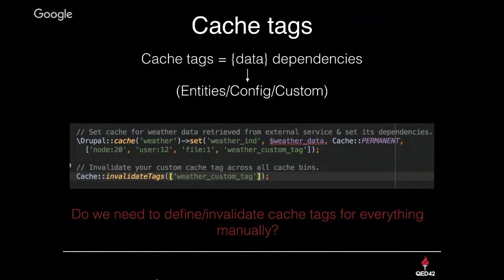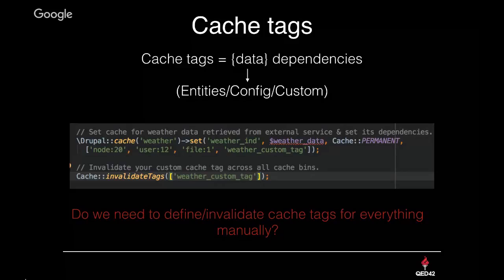Okay. The last array argument is something that's of most interest to us. So for example, if you take a look at this one where we have node:20, user:1, file:1 and weather_custom_tag. These are the cache tags on which this cache ID is dependent.